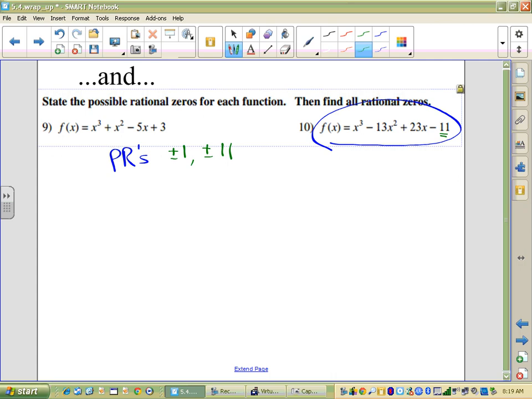I do have to guess and check now. I have a list of 4 roots that might work. So I have to start synthetically dividing. Remember when I said you'll be synthetically dividing 1,000 times? Well, here you go. Where should we start? 1 or -1 or 11 or -11? I like to start at 1. So what are we looking for when we do this division? We're looking for a 0 remainder.